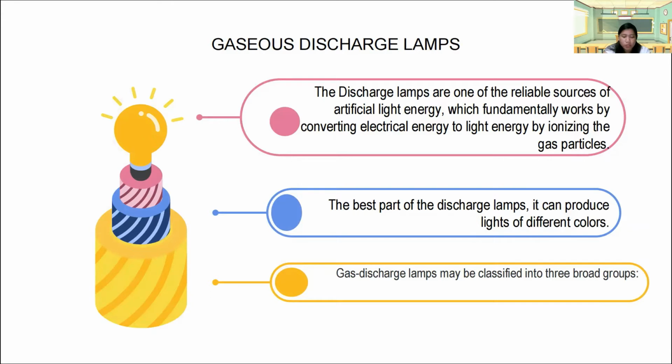The working pressure of this lamp is much higher than atmospheric pressure. Different categories are there in high pressure discharge, such as metal halide lamps, high pressure sodium lamps, and high pressure sodium mercury lamps.